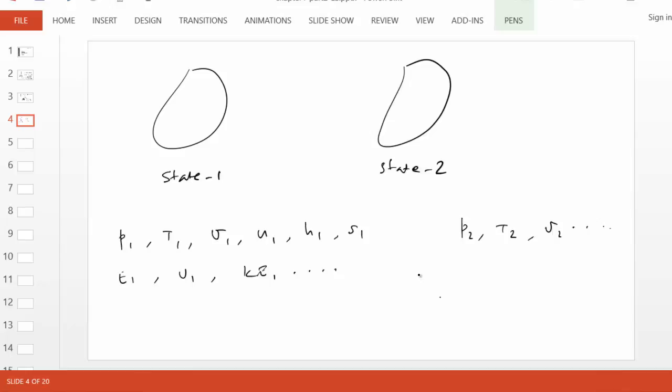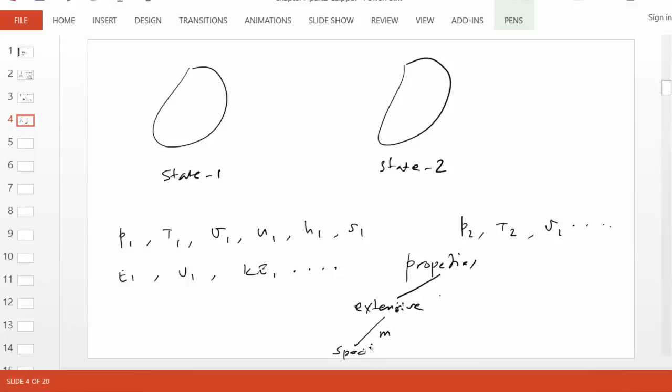So just to improve on the division we just did, properties can be extensive, and extensive properties, when you divide by mass, become specific properties, and the other kind is called intensive.